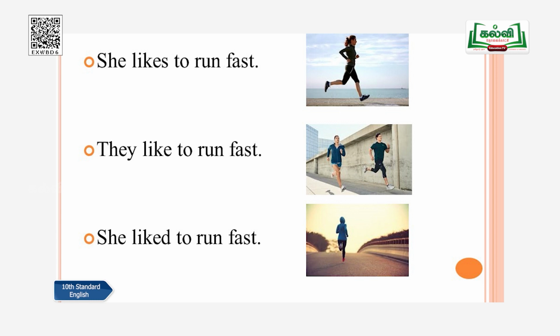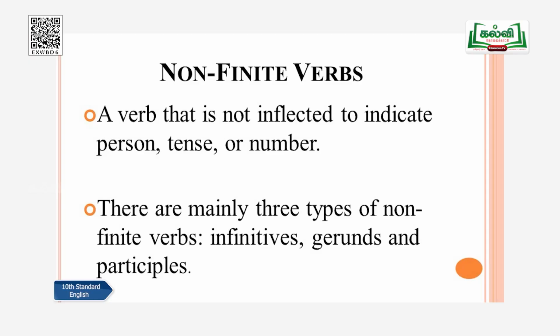Is it clear, children? Definition for non-finite verbs: a verb that is not inflected to indicate person, tense or number is called a non-finite verb. They are mainly of three kinds. They are infinitives, gerunds and participles.